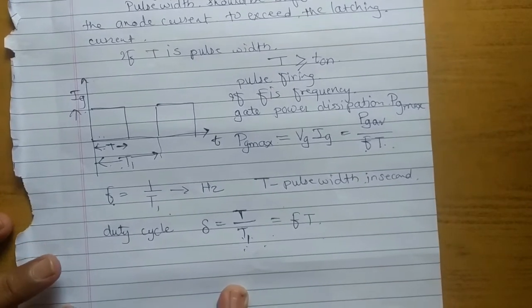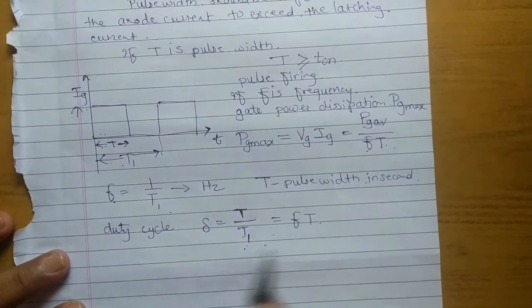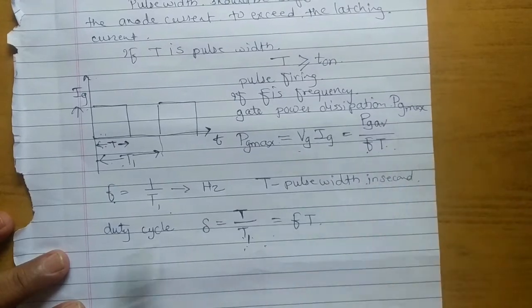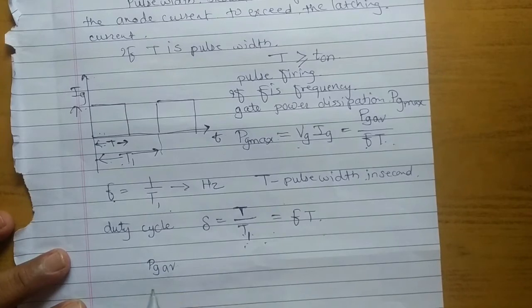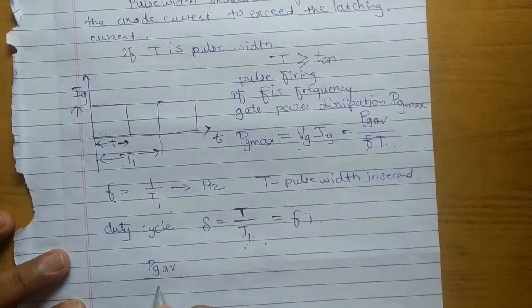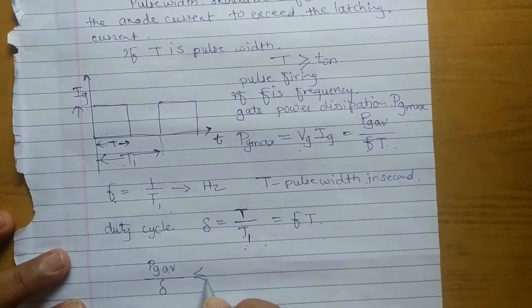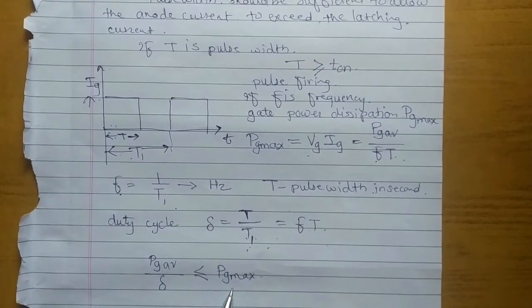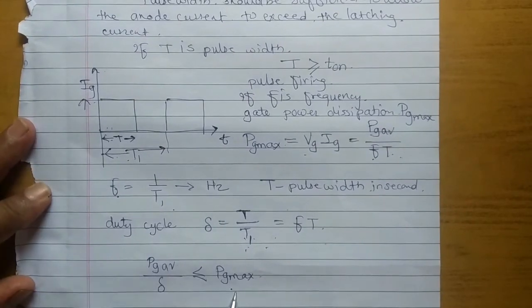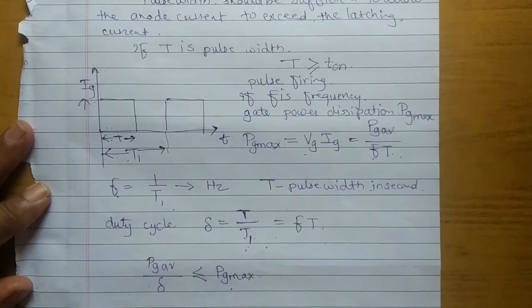So the above equation can be written as PG average divided by duty cycle should be less than or equal to PG max. Means maximum power dissipation can be considered here for designing the gate trigger circuit, and thus gate power dissipation should be considered.